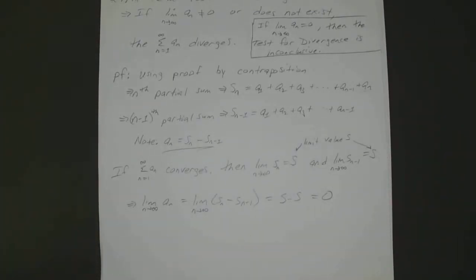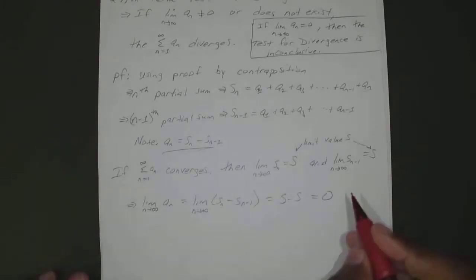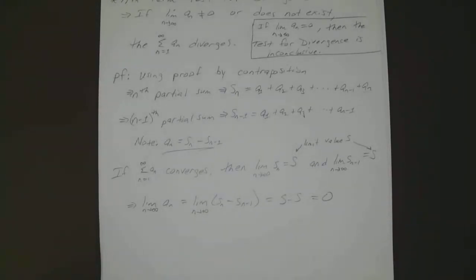This proves that if the limit is not equal to 0, then the series diverges. Strangely enough, this is not a proof that if the limit equals 0, then it converges, because we have a lot of circumstances where the limit equals 0 and the series actually does diverge.